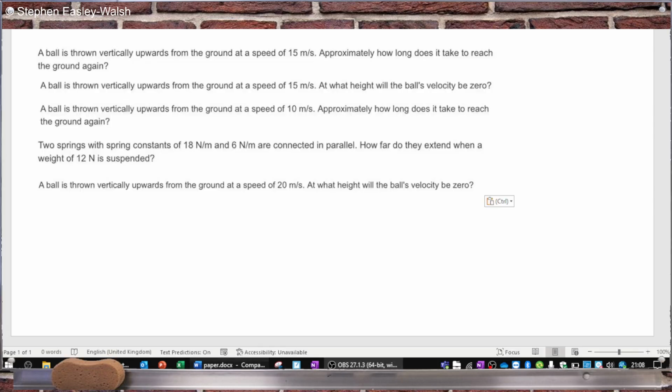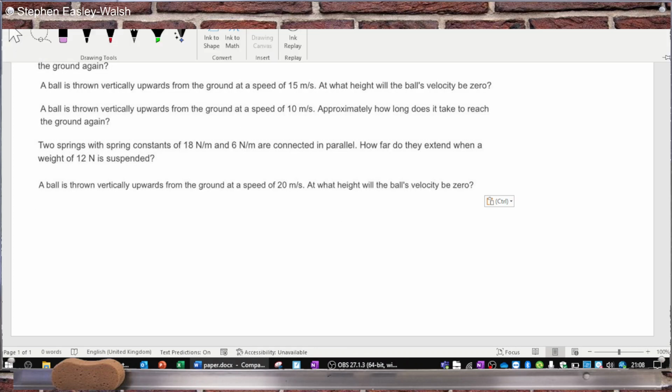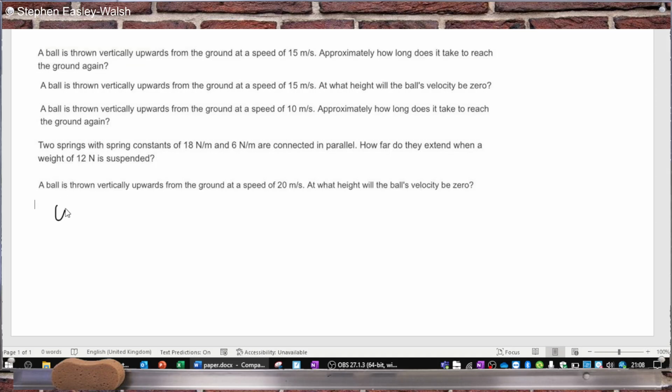And finally, a ball is thrown vertically upwards from the ground at a speed of 20. At what height will its velocity be 0? Same as earlier: U is 20, V is 0, A is minus 10. And we'll use the formula V squared equals U squared plus 2AS.